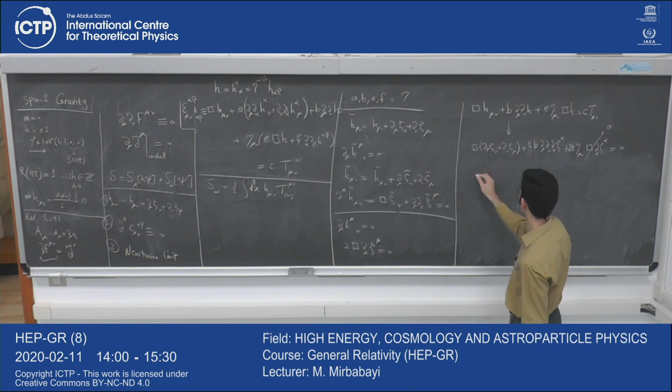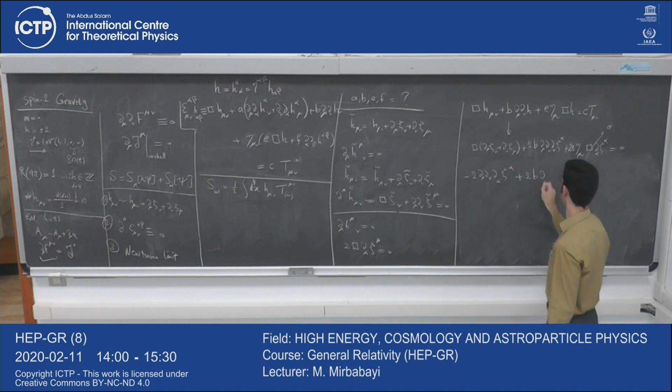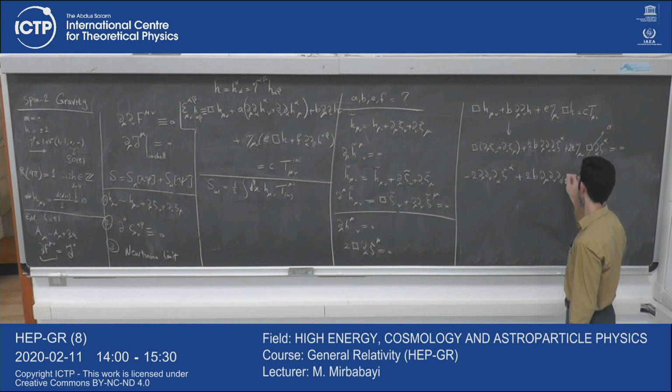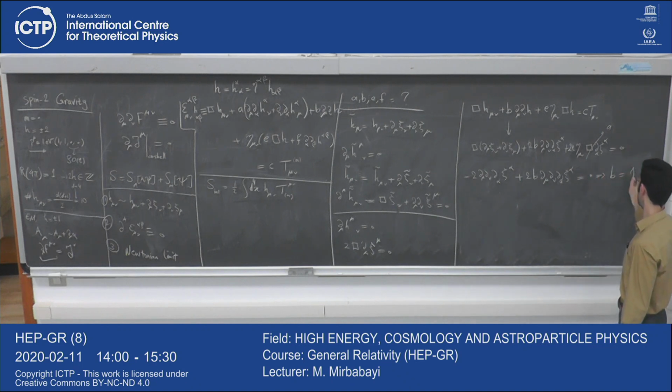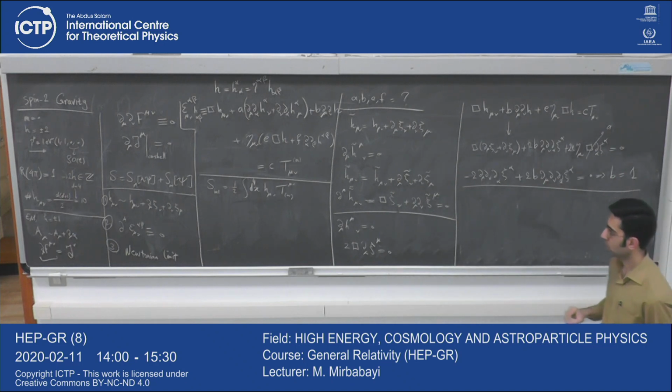Again, using this equation, we can write them as minus d mu minus twice d mu d nu d alpha x alpha plus 2b d mu d alpha x alpha equals to 0, which tells us that b has to be 1. So this is the first condition, the gauge invariance of the equation.